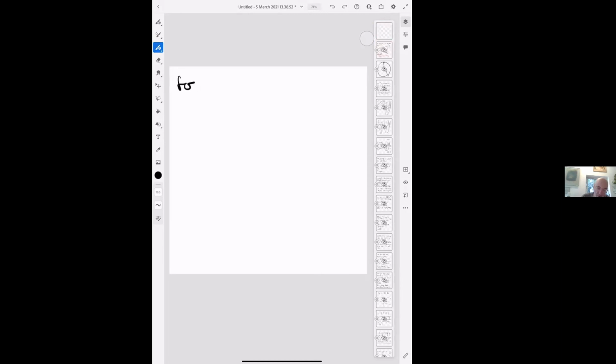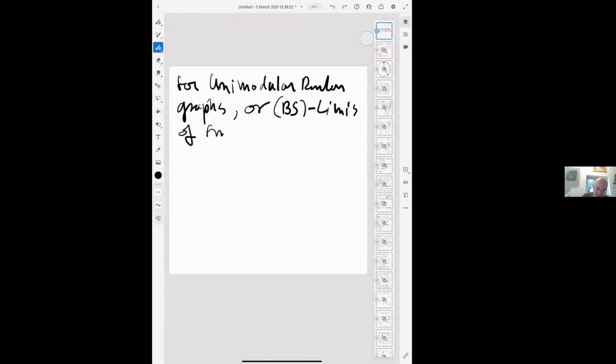For unimodular random graphs, or if you want, limits of finite graphs, non-amenability implies non-Liouville.